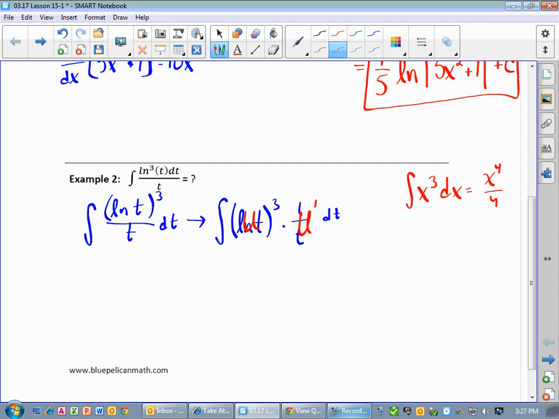Well, u cubed times essentially du, rather than saying u prime here, I'll say du, follows the same rule. It'll become u to the 4th over 4. So in this case, our u is ln of t. And so this integral would be ln of t to the 4th over 4 plus c.